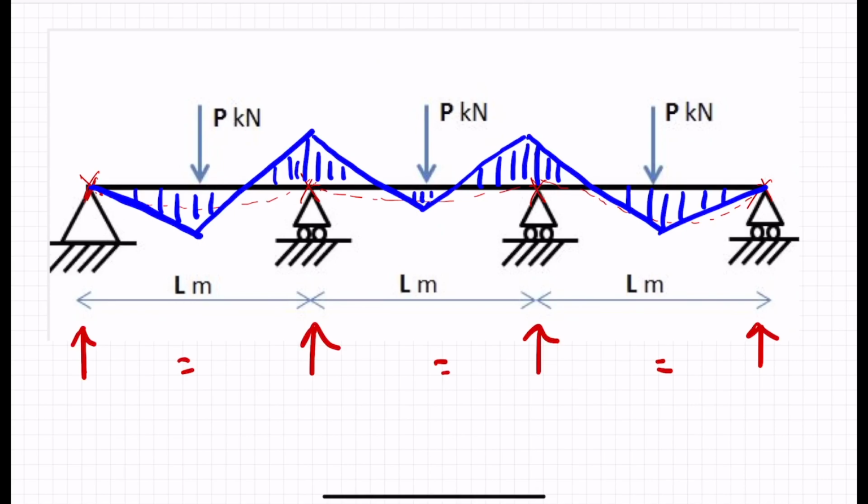So this will be our bending moment diagram, and it'll probably be helpful for you to have drawn the deflected shape to assist you to solve this question. But this is the answer.